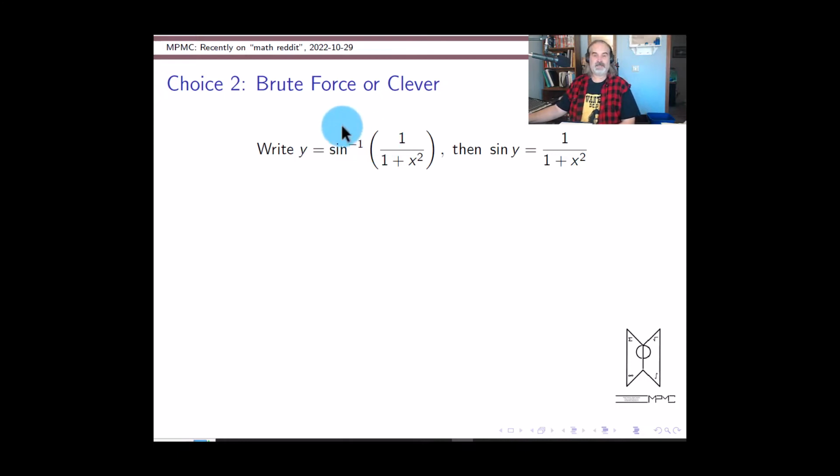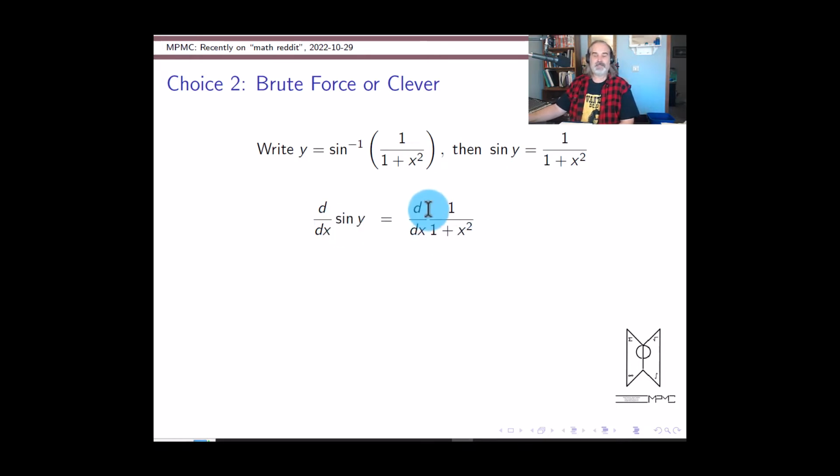We're going to take this function, write it as y equals the inverse sine of 1 over 1 plus x squared. This expression means y is the angle whose sine is 1 over 1 plus x squared. So the sine of y is 1 over 1 plus x squared, or just apply the sine function to both sides. Either way, you end up with this. Now, we're going to take this expression and ask for its derivative with respect to x on both sides.